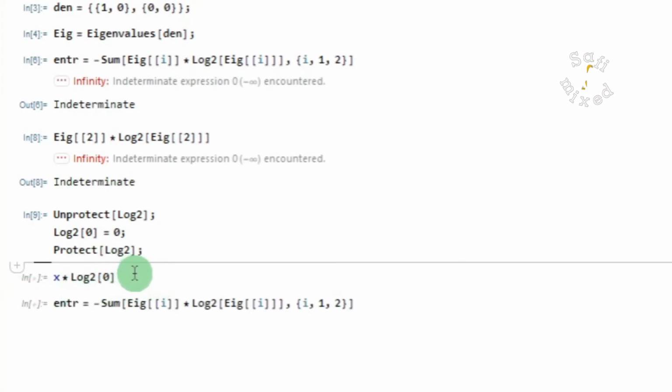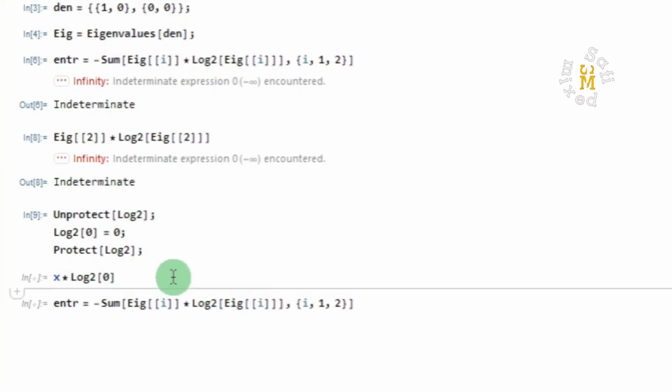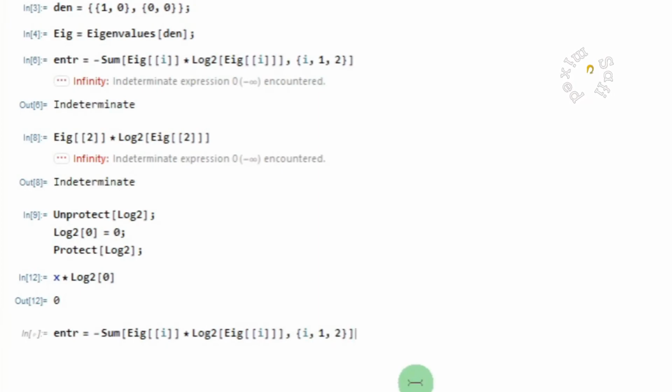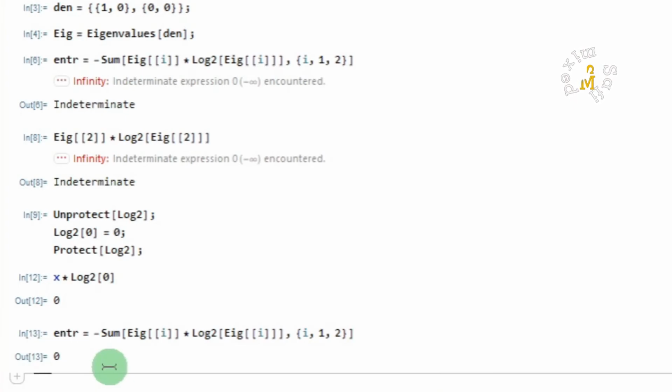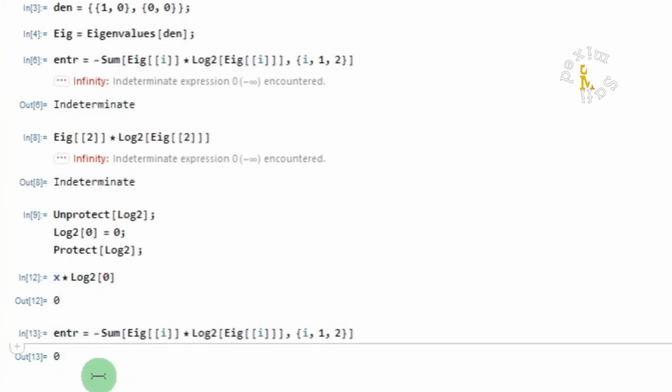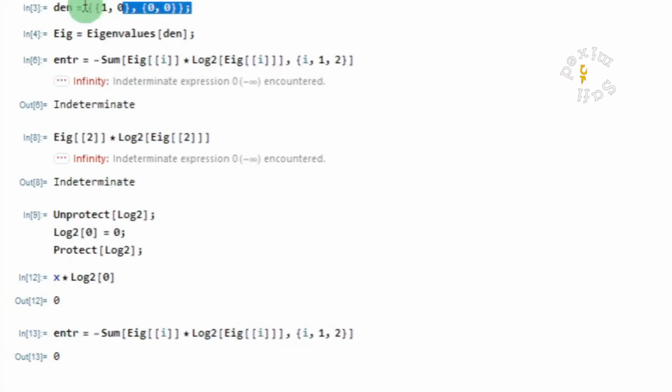I can do a little practice over here. I can multiply anything, like x, with log to the base 2 of 0, and this will give me 0. You see, now if I run this command either at this position or I rewrite this over here and run it, then I'll get a 0 result, which is different from this indeterminate result and is actually the equivalent result for the entropy of this density matrix.